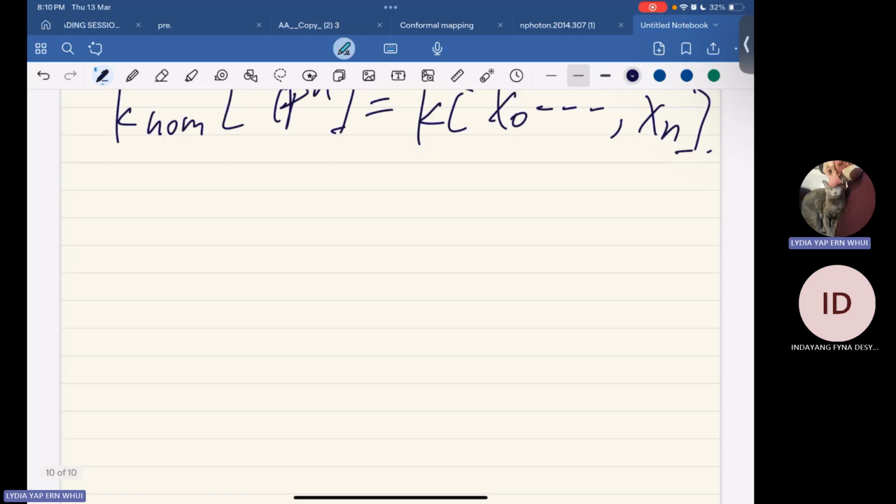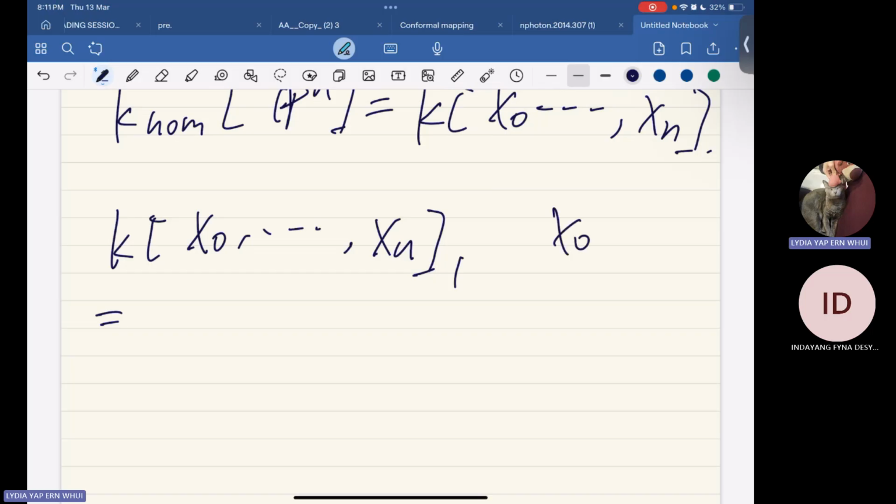So if we consider its first graded piece, what does it contain? It contains maybe x0, and maybe x1, also maybe 2x2. And also maybe x0 plus x1, because x0 plus x1 is also homogeneous, right?